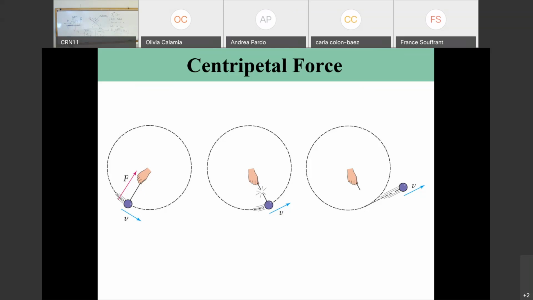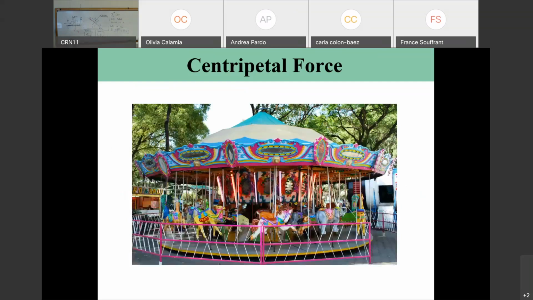What do you think is the answer? You want to bring the weight of 5 newtons up, but at constant speed, without any acceleration. What do you think?